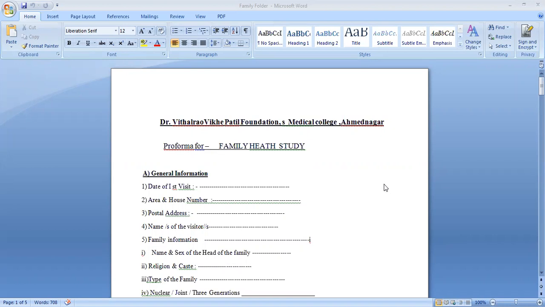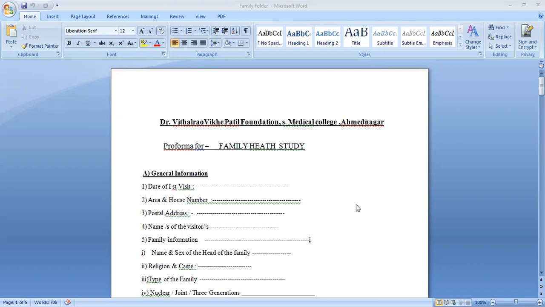This is a fixed performa in which you have to do a family study in your area. Otherwise, we used to send students in the field and allot them a family there. But because of the COVID condition and the prevailing conditions, we cannot send you to our field practicing area.